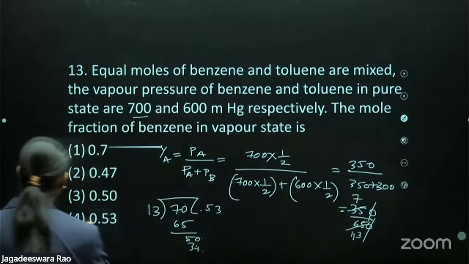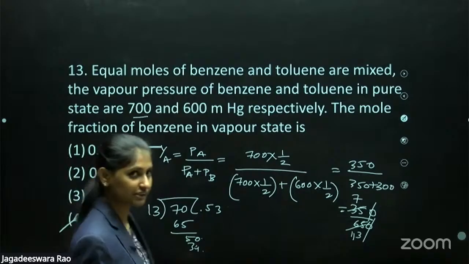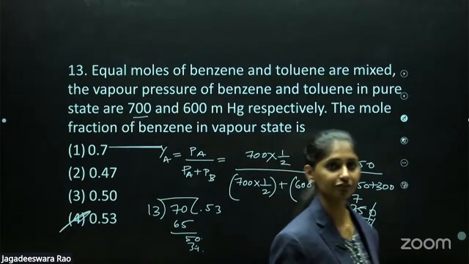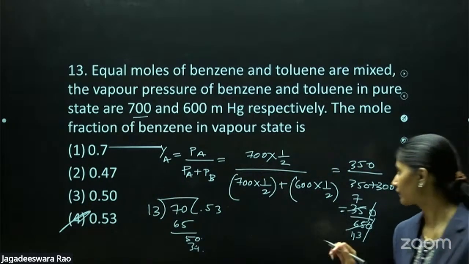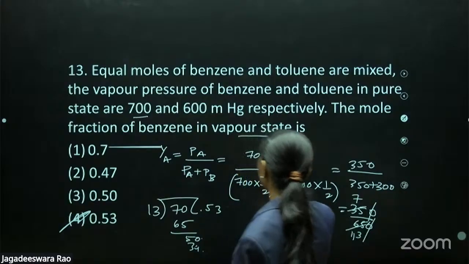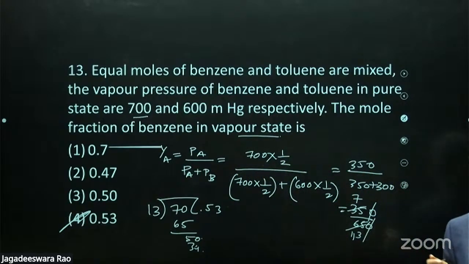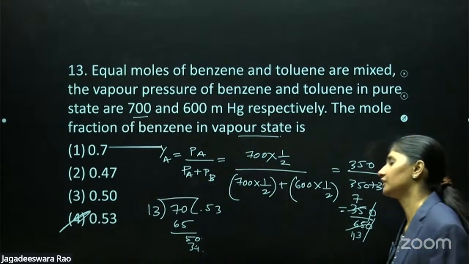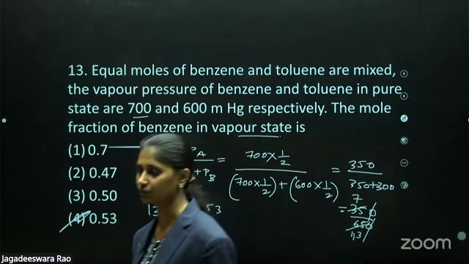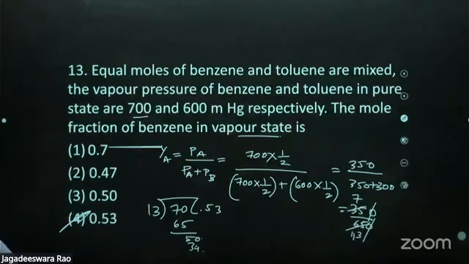Okay, 0.53, I got the mole fraction of benzene in the vapor state. I'm not finding Xa again. I'm telling whenever the question comes as a vapor state, you have to consider the vapor state itself, that is 0.53, that is Ya is equal to Pa by Pt. Got it, students? Please check whether you also got the same answer. Please solve. Solve inside the class, don't just see.